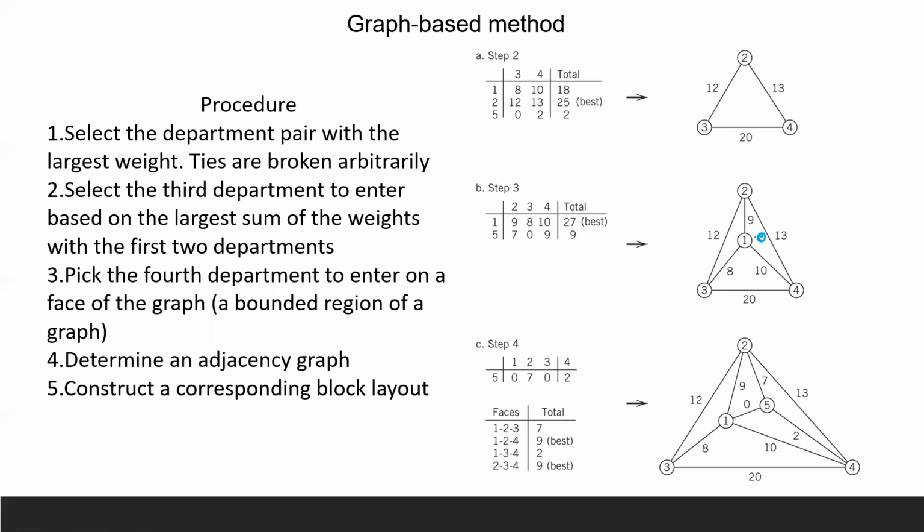Anong impact? Ito si 5. Okay? Ilagay siya sa face. Sorry, inuna nila dito. 1, 2, 3. Para ito yung naging sequence natin. Pag nilagay nila dito yung 5, parang ganito yung maging analysis. 1, 2, 3. Tatlo lang muna. Then 5.